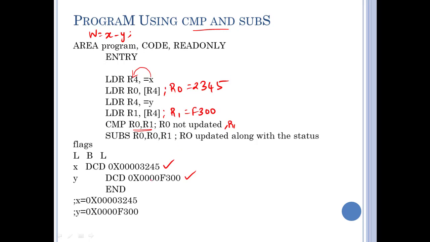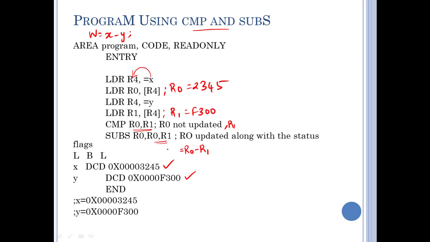Now if you see this, R1 is greater, meaning your Y value is greater than your X. So SUBS R0, R1. This is nothing but R0 minus R1.